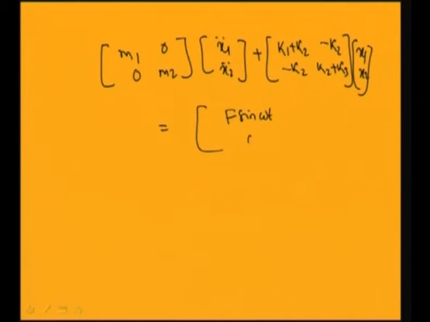So, the equation of motion you can write in this form: M1 0, 0 M2, times x1 double dot, x2 double dot, plus K1 plus K2, minus K2, minus K2, K2 plus K3, times x1, x2, equal to F sin omega t, 0.